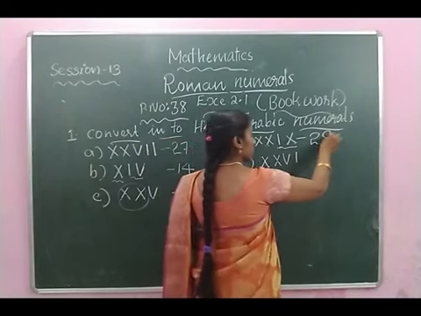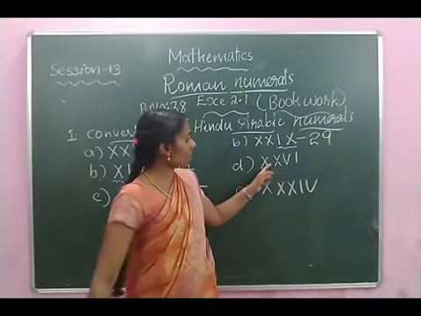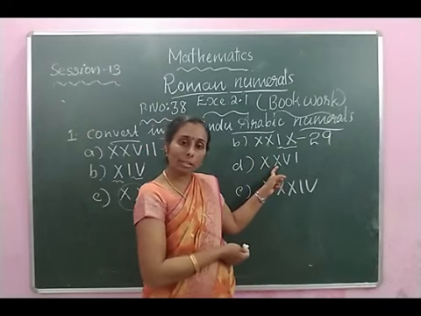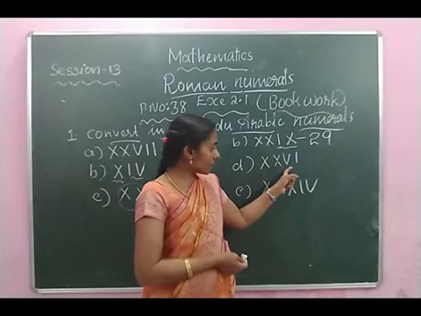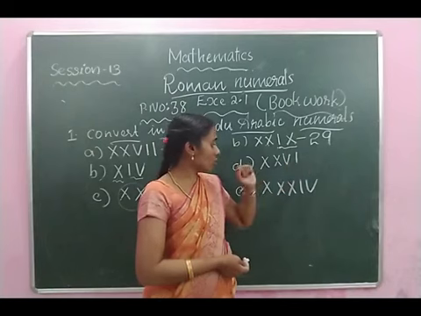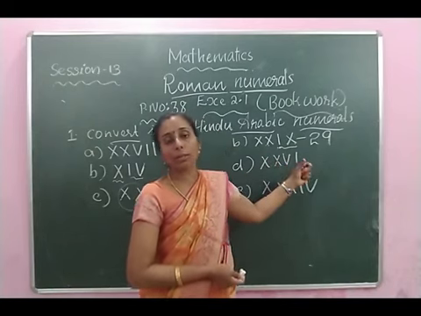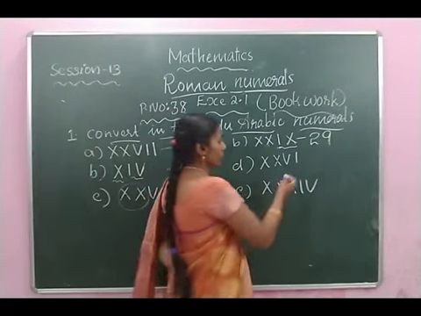Next one, XXVI. XX means 20, V means 5, I means 1. 20 plus 5, 25, 25 plus 1, 26.